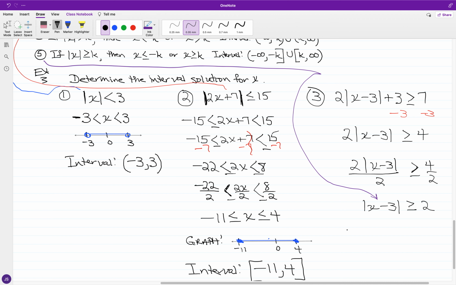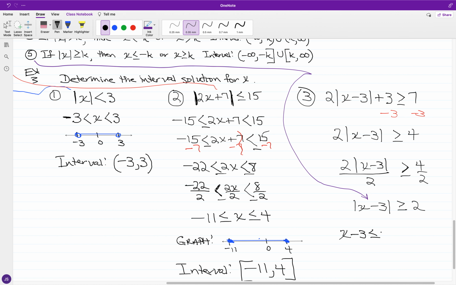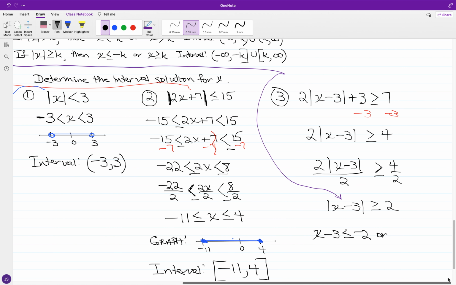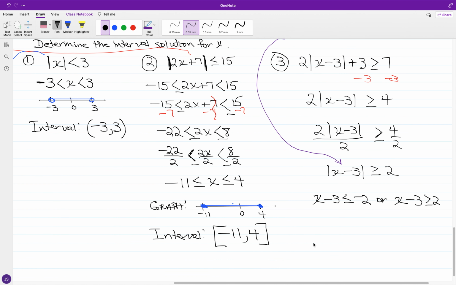Well, at the lower end, we have x minus 3 is less than or equal to negative 2, or it could be that x minus 3 is greater than or equal to 2. All right, so looking at solving for x.